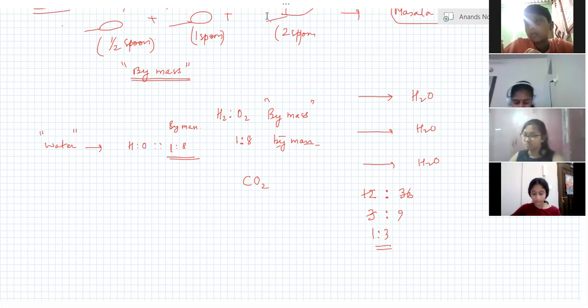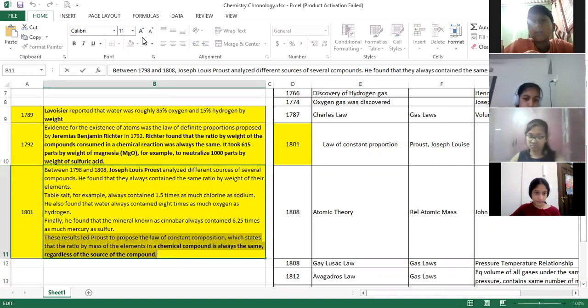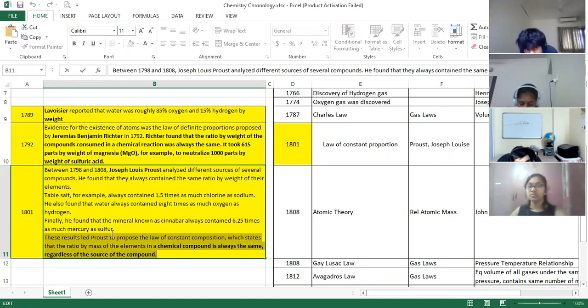And these 1 or 2 examples which I had written, I want you to make a note of it. This last statement which is there is nothing but law of constant proportion, constant composition. I'm just making it bold for you. Go ahead and write it down.